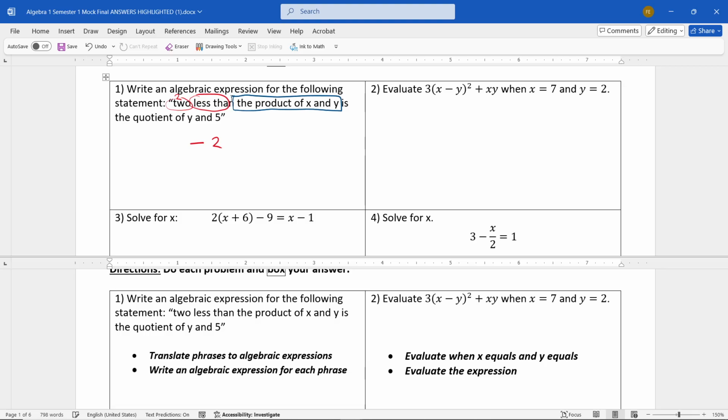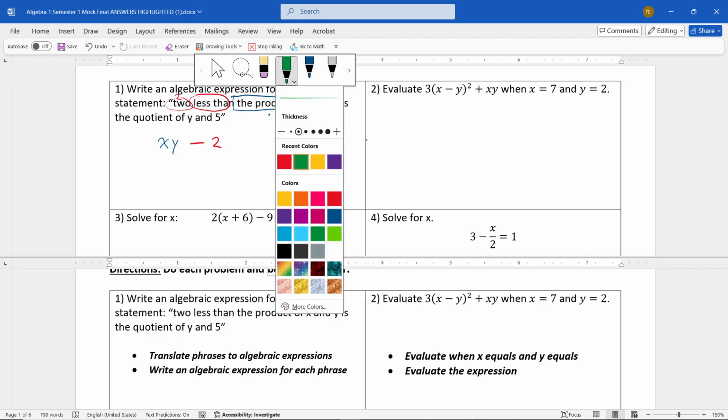Again, each word in here translates. Product means multiply, and in this case it's x and y that you're multiplying together. So we have 2 less than the product of x times y, I'll write it as xy. And then the word "is," I'll put this in green, translates in this case to equals.